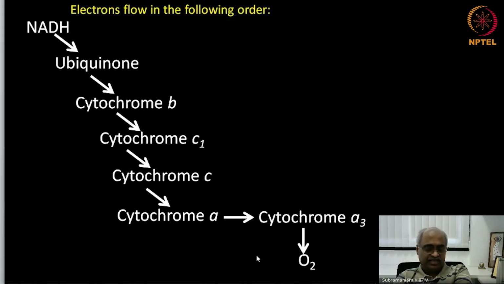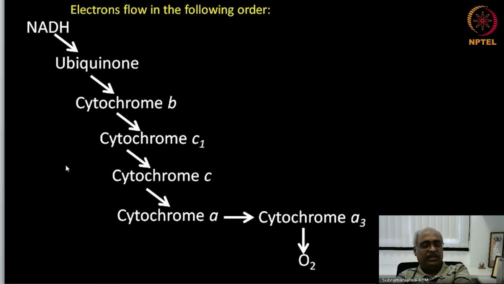And the third experiment was using inhibitors. For example, if an inhibitor blocks the electron transfer from cytochrome b to c1, then NADH, ubiquinone, cytochrome b will be reduced as long as substrate from which electrons are available. And when oxygen is available, these are going to be oxidized.